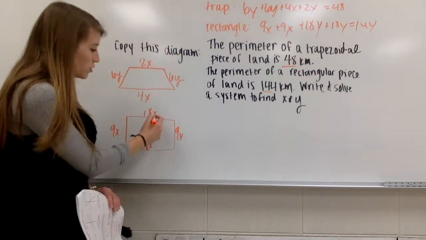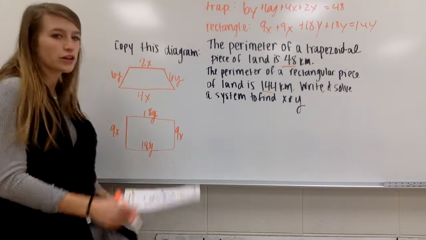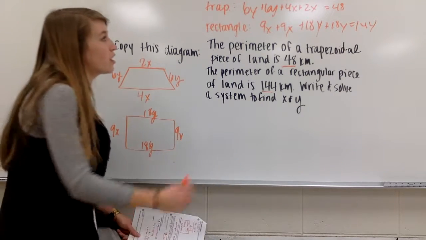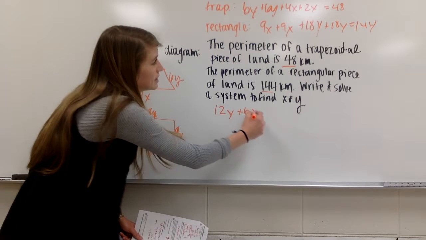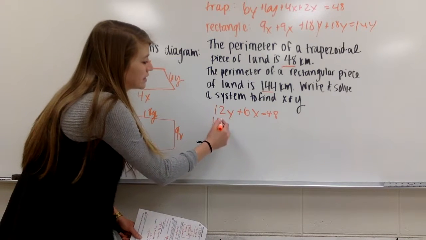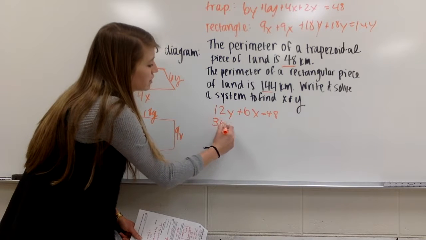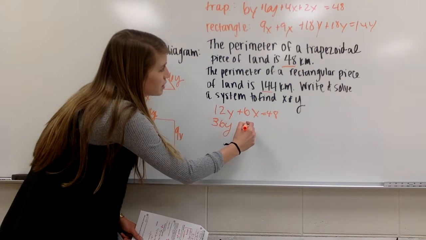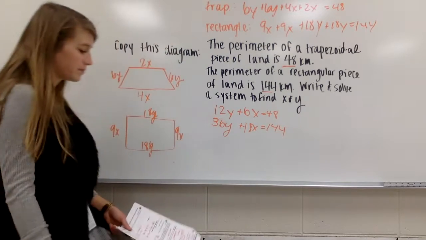Make sure, this looks very poor with how I drew it, but that should be a y and a y. So there's my system. If I go ahead and solve this, I'm going to first simplify those. I have 12y plus 6x equals 48. I have 18x plus 36y, so I'm going to rewrite that as 36y plus 18x equals 144.